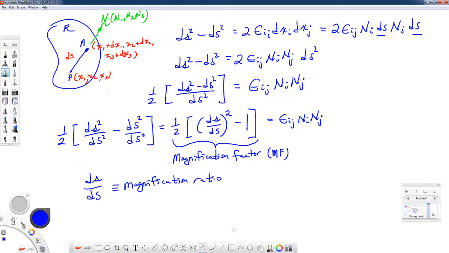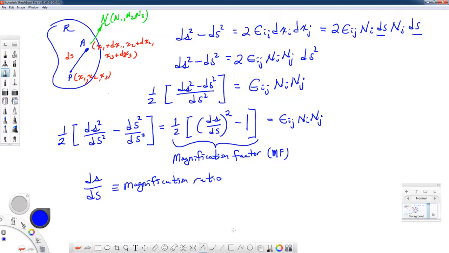So if you recall our other figure that goes along with the one in the top left-hand corner, as we deformed and distorted that body, the distance between point A and point B changed. They both got mapped into their script P and their script A, and we had a d script s for the new distance.